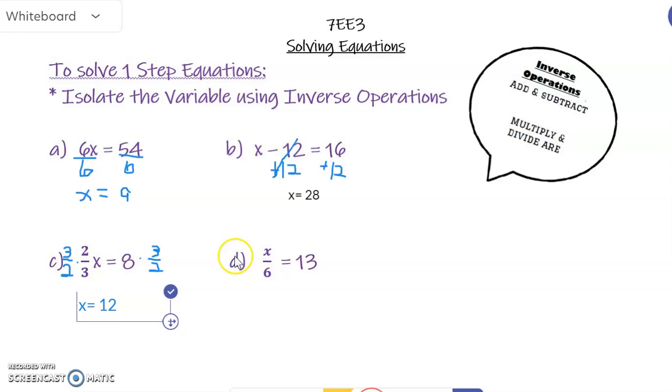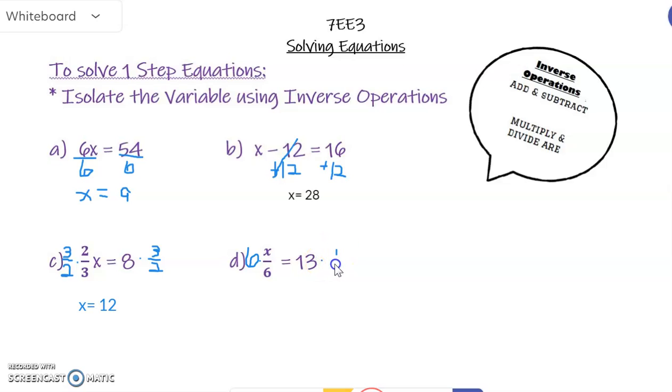Okay, let's look at D here. So for D, we've got x divided by 6 equals 13. So the opposite of dividing x by 6, or the inverse, would be multiplying by 6. And this is kind of like the idea of the inverse, because 6/1 is what we're really multiplying by.